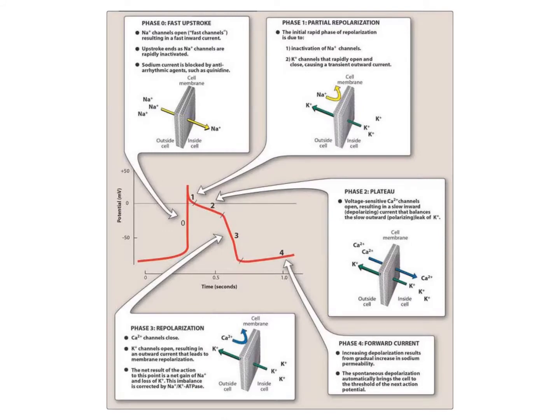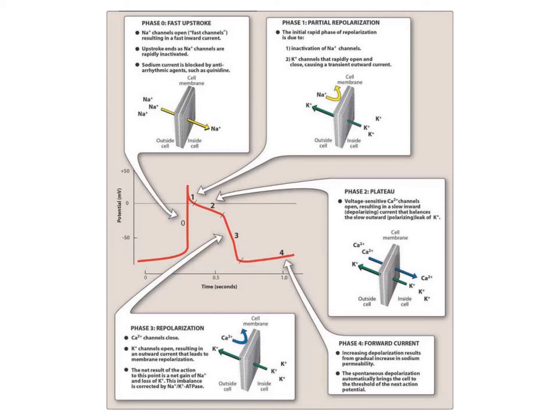This slide represents the electrical phases of the cardiomyocytes. We have four phases, starting from phase zero, which is the fast upstroke phase, where the sodium channel opens as a fast channel, and this current is blocked by some drugs like anti-arrhythmic agents such as quinidine.